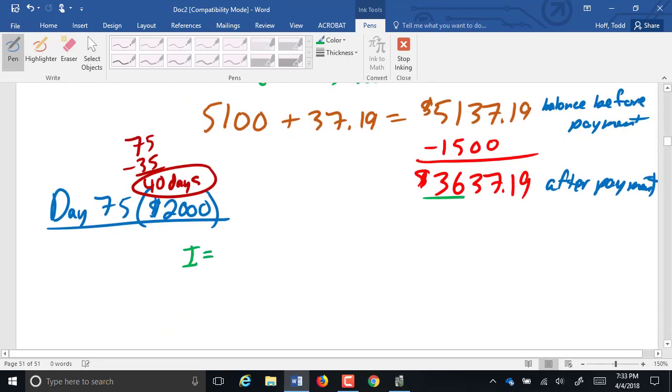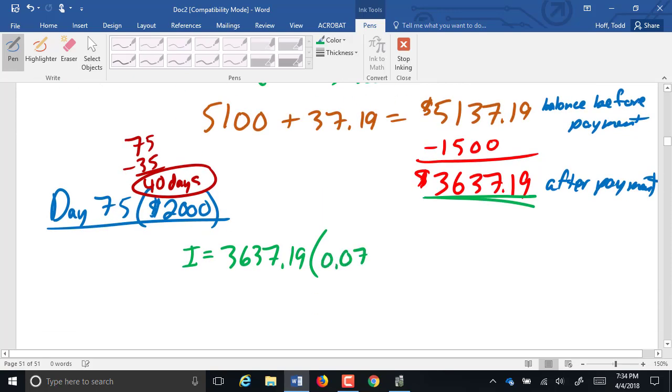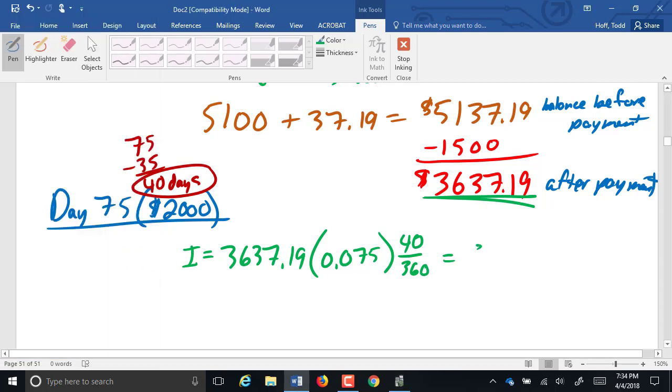Our interest off this balance now, $3,637.19 times 0.075 times 40 over 360. I'm going to double check it. Not that I don't trust you. We get $30.31, that is correct.